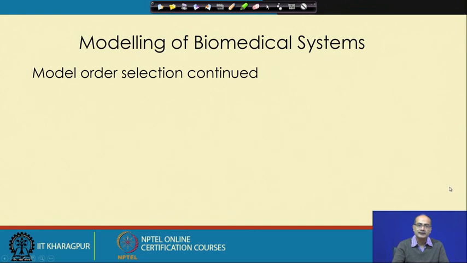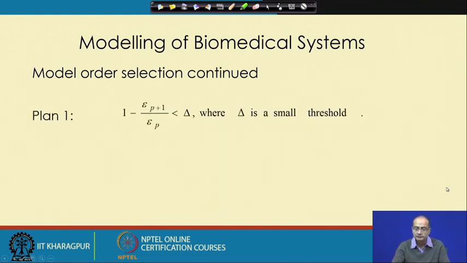Based on that fact, all the model order selection techniques have been proposed. The first one is very simple. It is based on the fact that the prediction error will remain the same or reduce with the increase of the model order. So, plan 1 is: let us take the ratio of the error for order p plus 1 divided by the previous error for model order p, and this ratio is expected to be less than 1 or very close to 1.